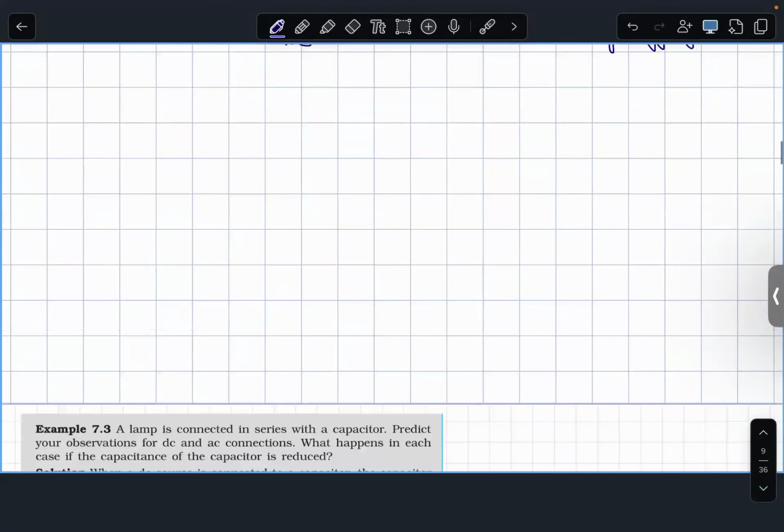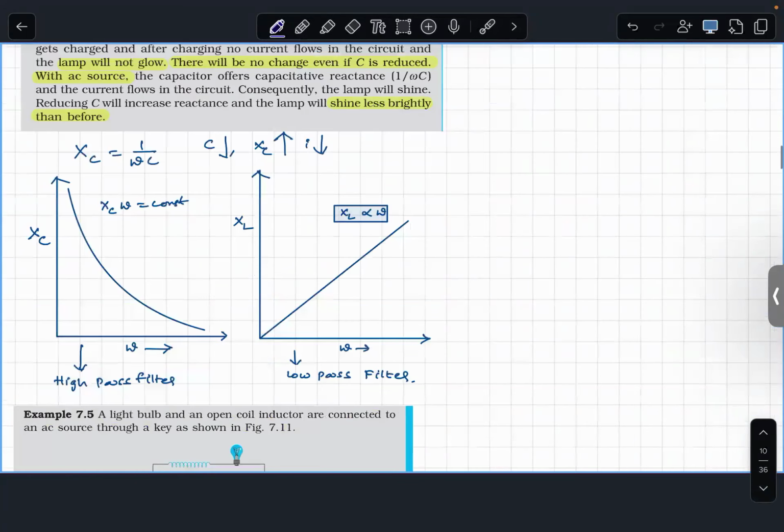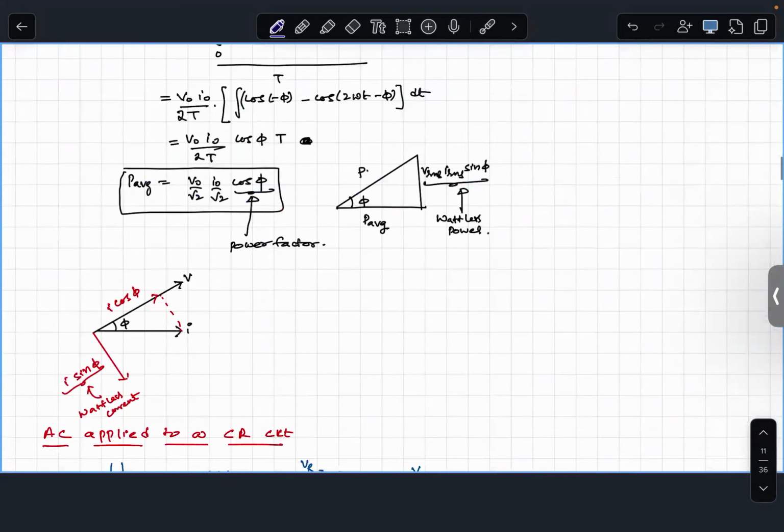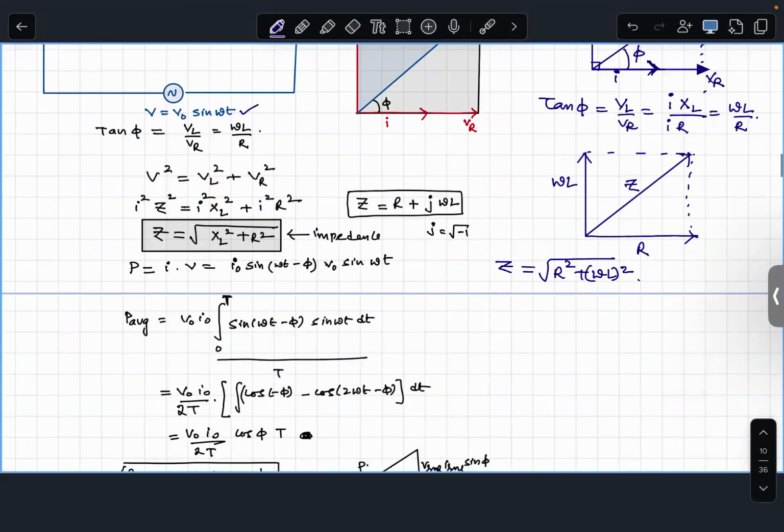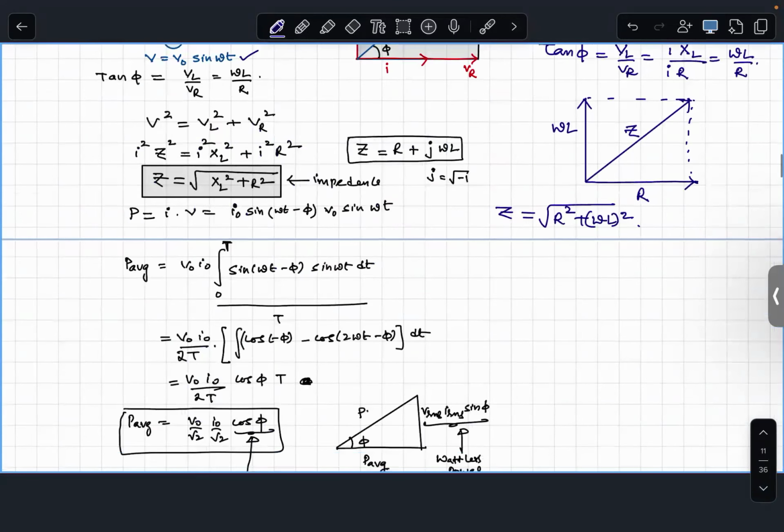And now the power at an instant is current into voltage. You know that?